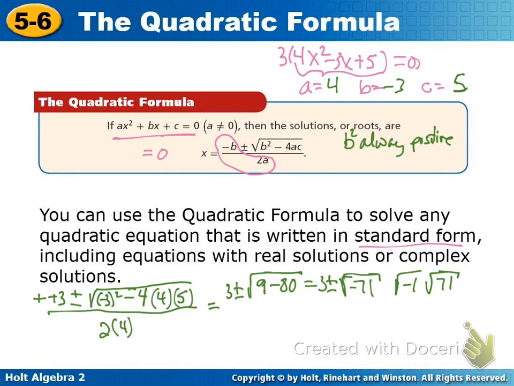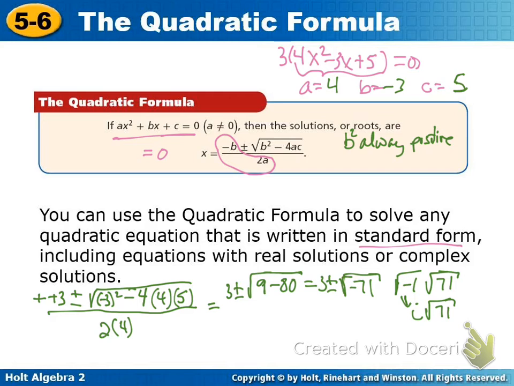And the square root of negative 1 equals what? i. So that comes out as i. And can we simplify 71 down? Is there a perfect square inside 71? No, so that'll stay under.